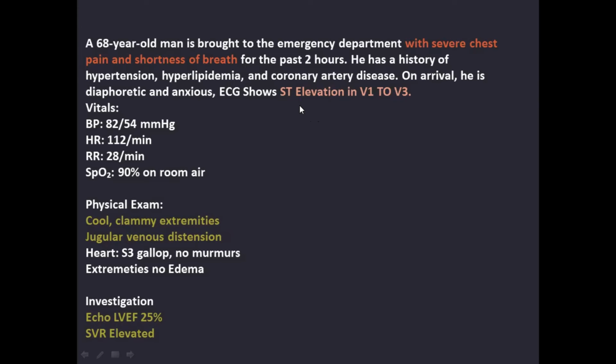His vitals are: blood pressure 82 by 54, heart rate 112, respiratory rate 22, and saturation 90%. On physical exam, the patient has cold and clammy extremities, jugular venous distension, the heart has an S3 gallop with no murmurs, and the extremities have no edema. On investigation, you find that the left ventricular ejection fraction was 25 and the systemic venous resistance is elevated.